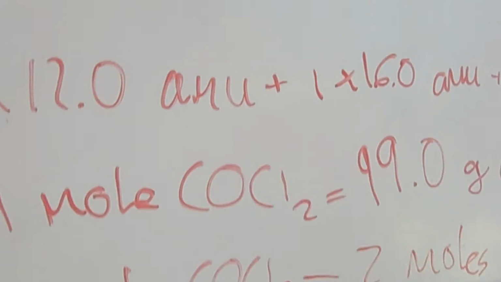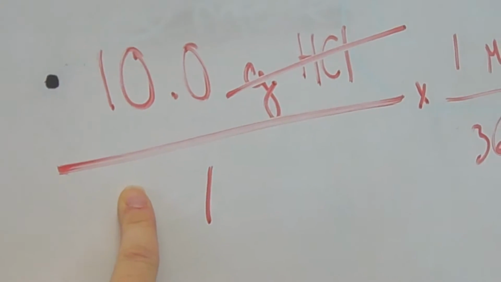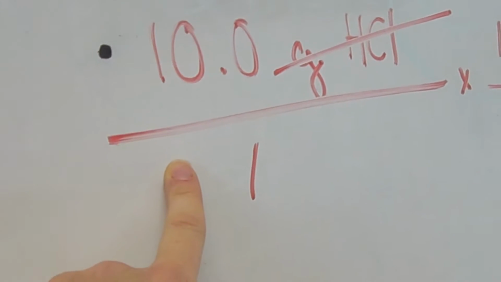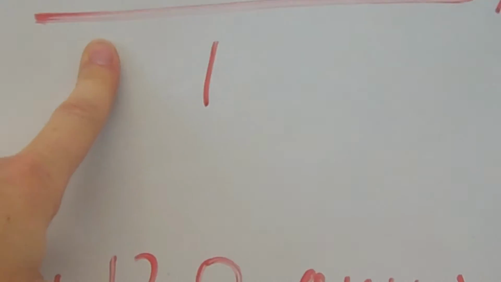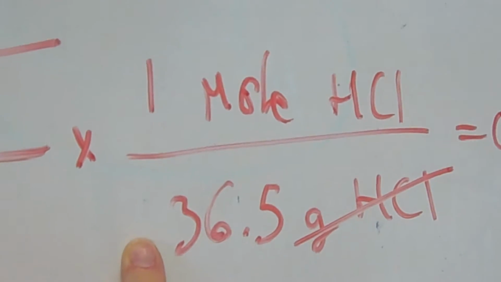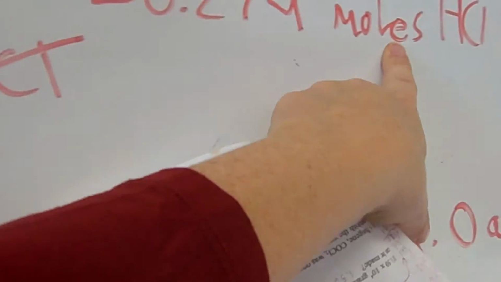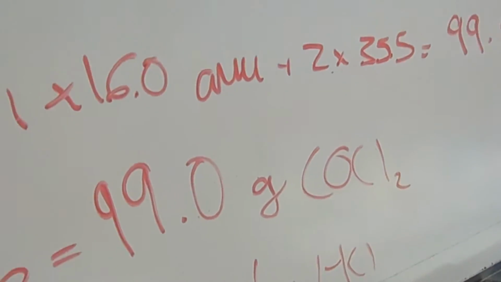So we know we have 10 grams of hydrochloric acid that will kill you. We want to know how many grams you'd have to breathe in. So Grace converts from grams to moles using the molar mass of hydrochloric acid. Then she compares moles of hydrochloric acid to moles of phosgene.